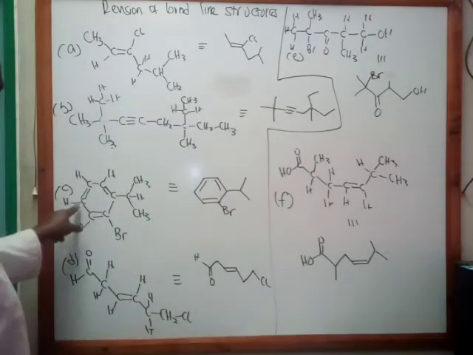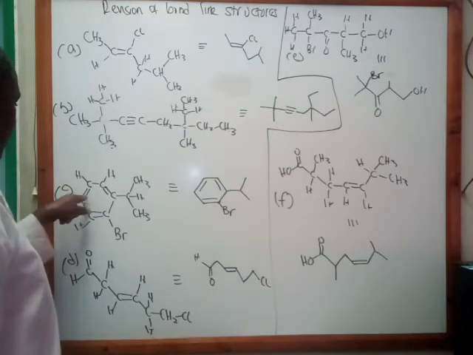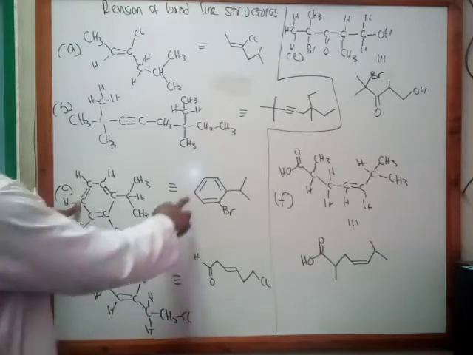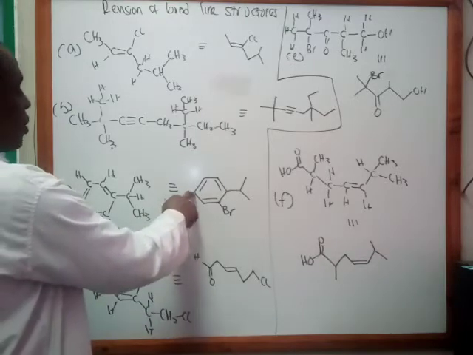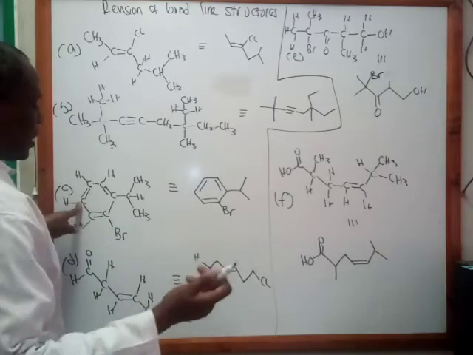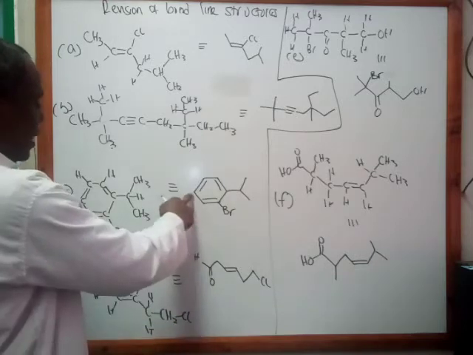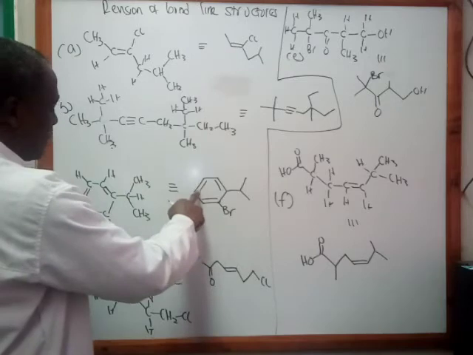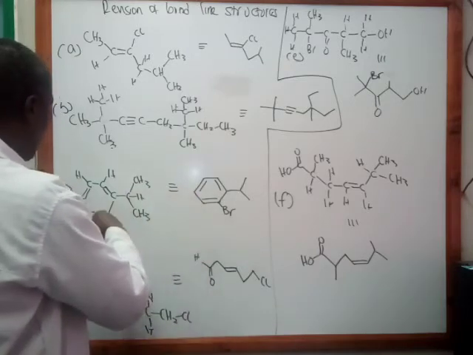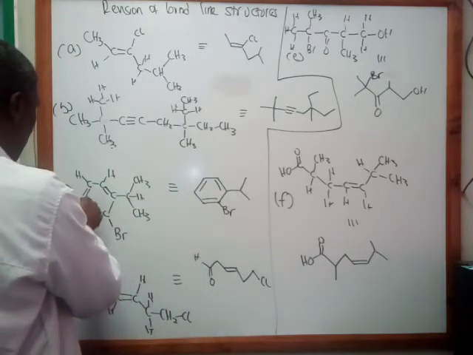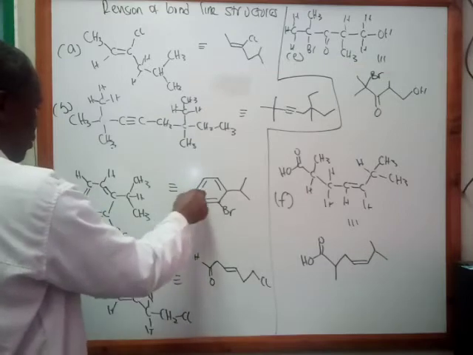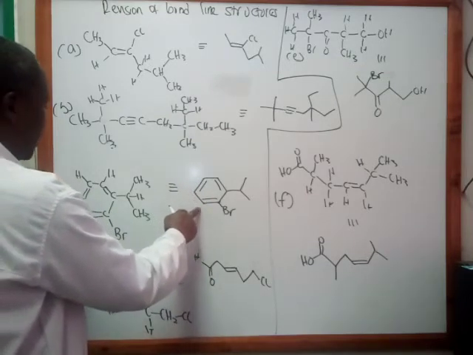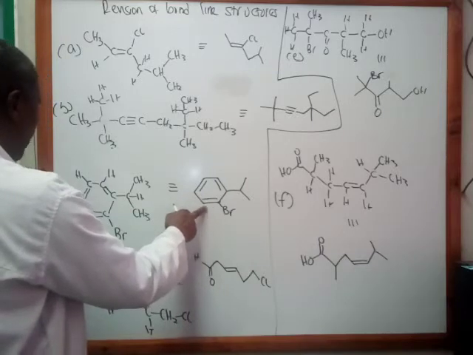Now for benzene, you can see well. As usual, the hydrogens are not normally shown, and the carbons you just show as the line. In this case, this one has got 1, 2, 3 bonds, so the hydrogen is implied. It's not shown here. This carbon has got 1, 2, 3, so the hydrogen is not shown here.